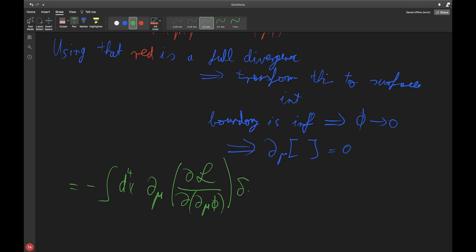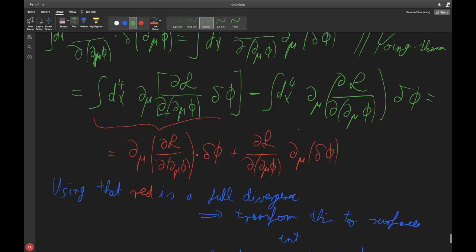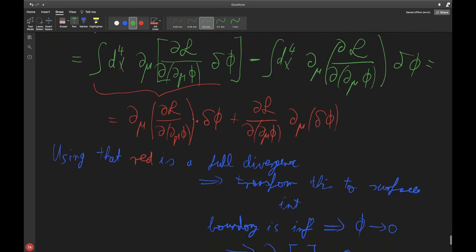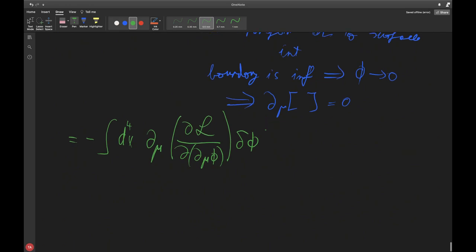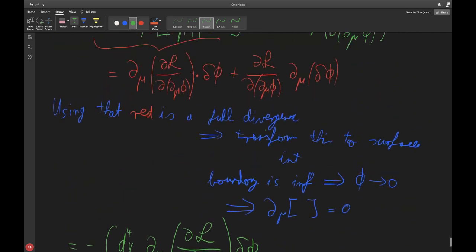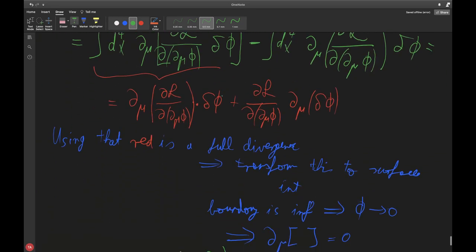And we are left with the delta phi. This is what we have. So please remember that this whole thing was just the green part.